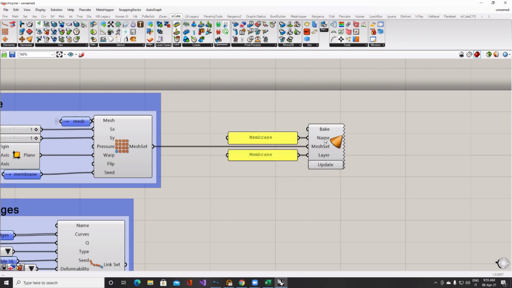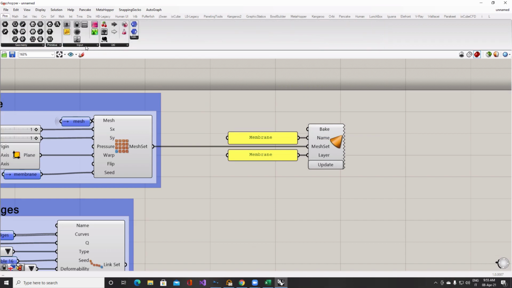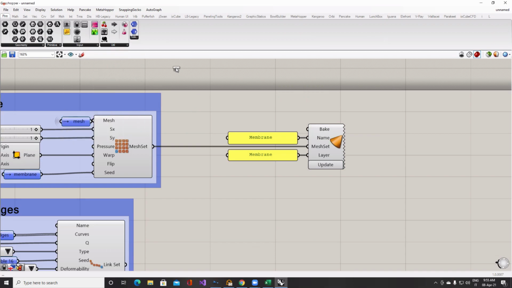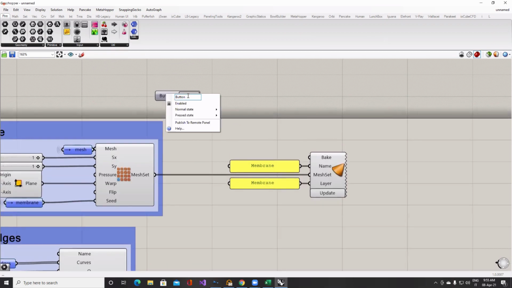To generate this group, we can click here on the update button, or we can input a bake Boolean flag here. So what I will do is very easy. I will make a button. And this is my baker.